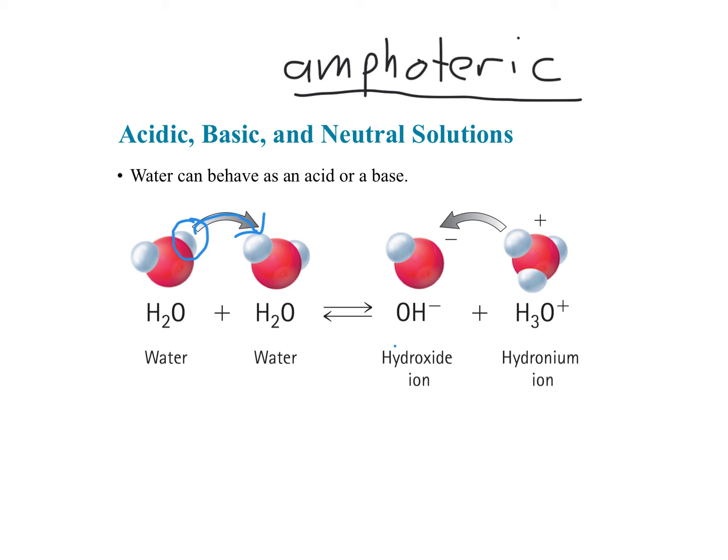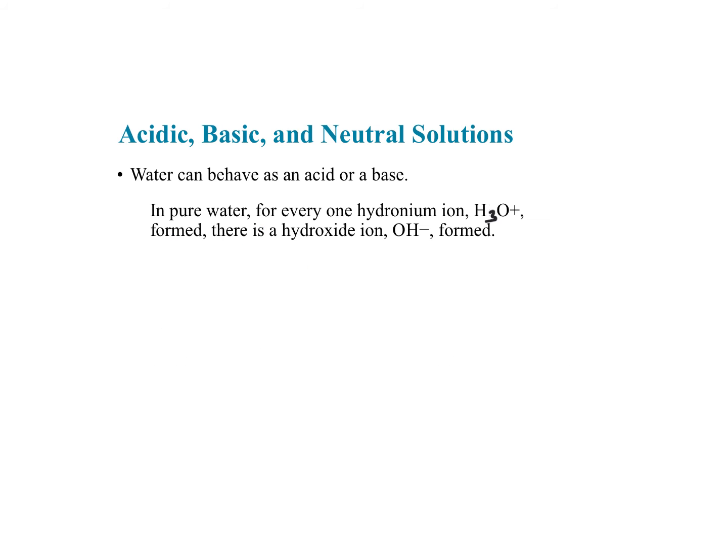So for every hydroxide ion, you have to have one of these, a hydronium ion. We can sum this up by noting that in pure water, for every one hydronium ion, H3O+, that is formed, there is a hydroxide ion, OH-, formed.